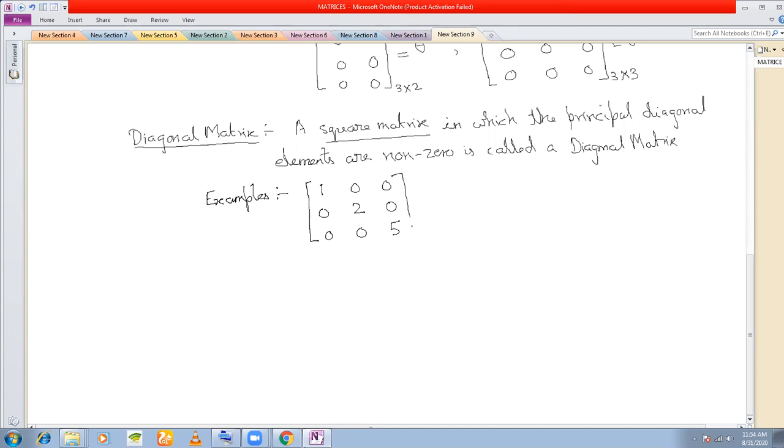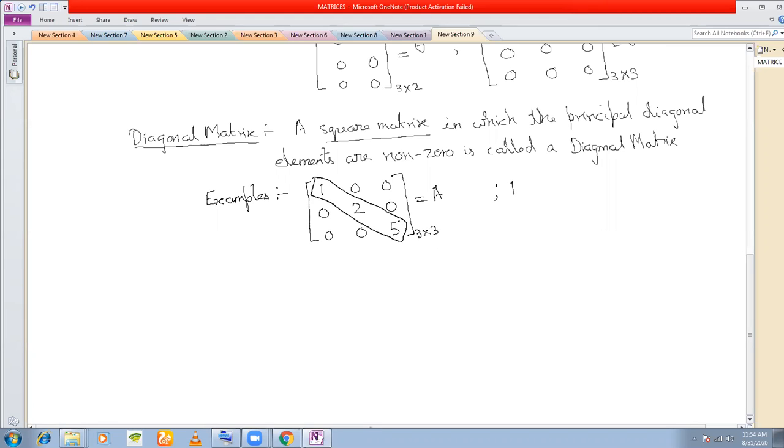Let us call this matrix A. See that A is a diagonal matrix because this principal diagonal that you see, this is the principal diagonal, these principal diagonal elements are non-zero, and this diagonal matrix is of order 3.